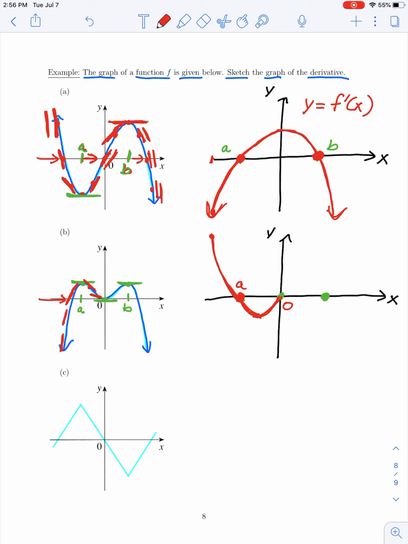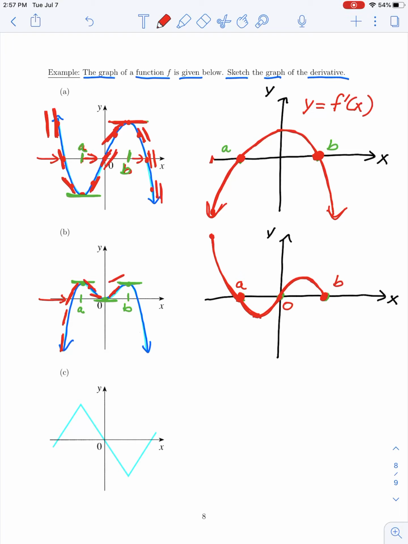Now between x equals 0 and b, if I choose a point, I see that my tangent line again has a positive slope. So between x equals 0 and b, our derivative will become positive, and it starts to flatten back out as I approach b, heading back towards 0.